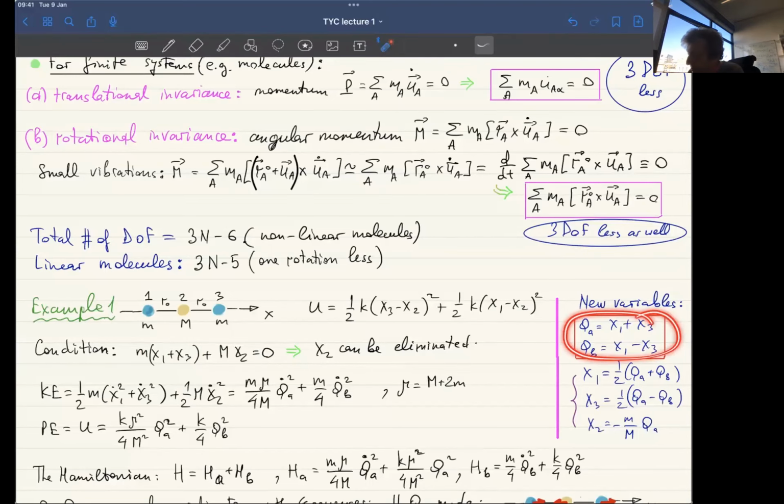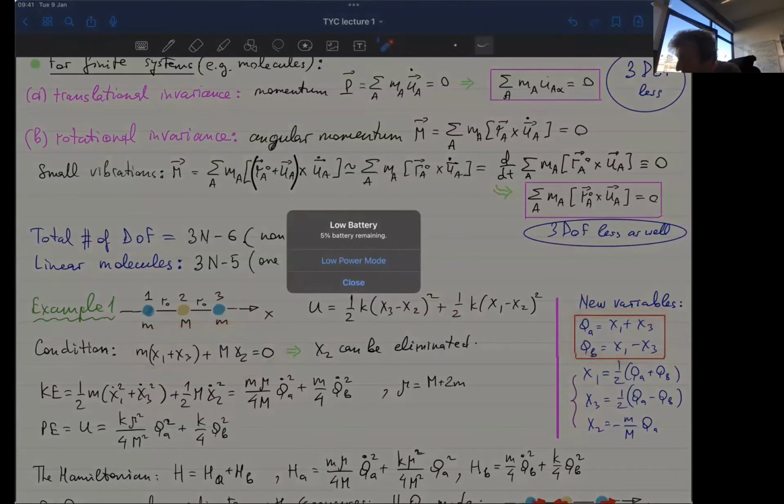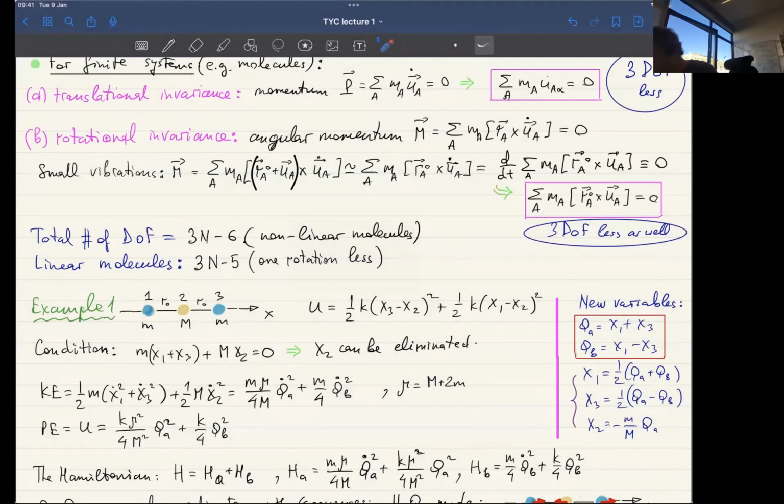Using these 2 equations and that equation, you can determine the 3 coordinates like this. Why are the new degrees of freedom QA and QB? You see, all 3 coordinates are nicely determined from the 2 coordinates.